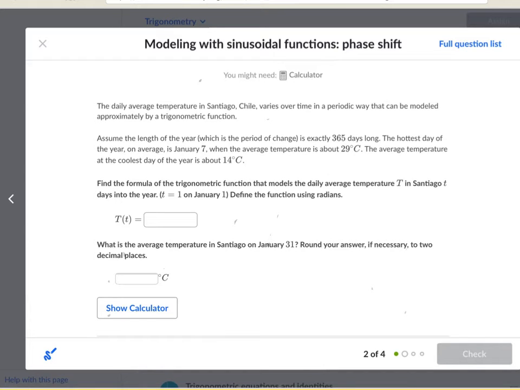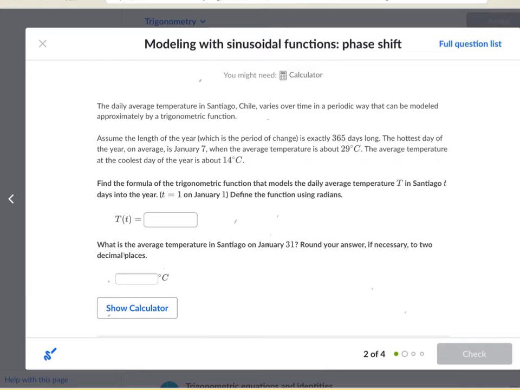Okay, we know that the average between 29 and 14, rather, what do we get? Was that 43? Yeah, so 43 divided by 2 would be 21.5. So that's what our D is equal to. Our A would be the amplitude, which would be the difference between D and the high, or the difference between the lows.